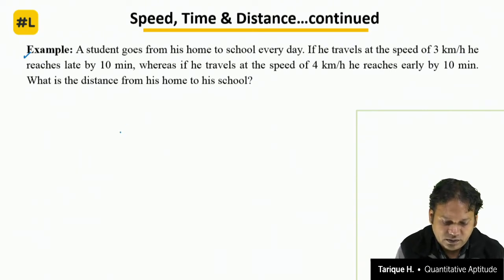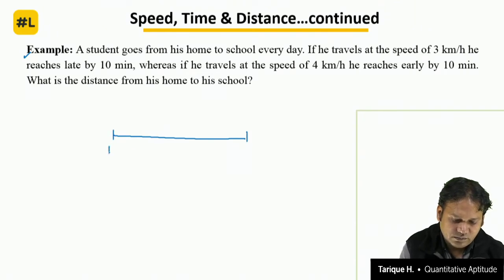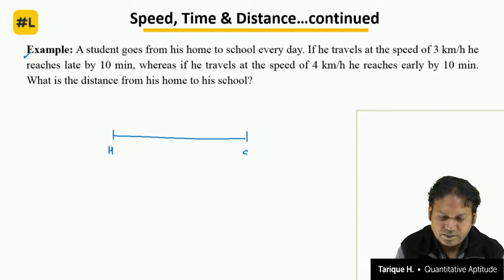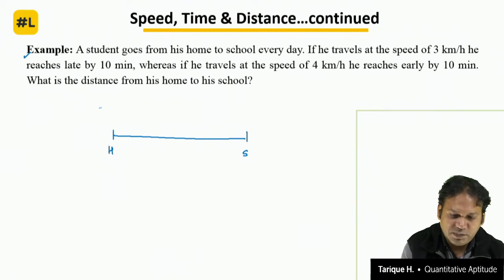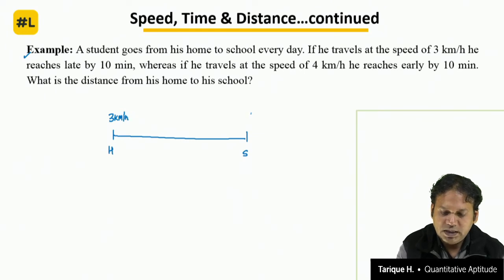So you see here, he is going from home to school every day. If he travels at a speed of 3 kilometers per hour, he is late by 10 minutes.